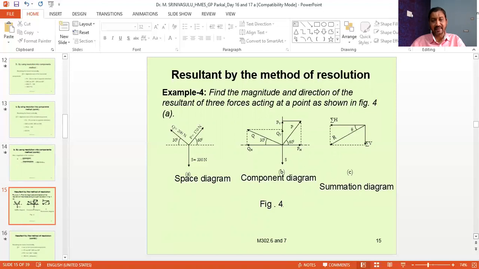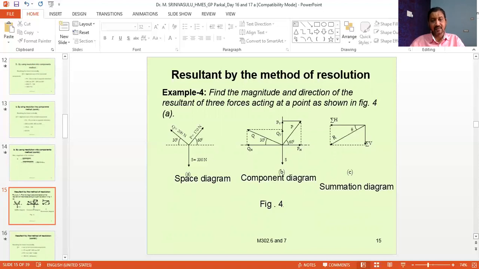The second force Q is equal to 200 newtons, acting leftward and making an angle of 30 degrees with the horizontal or x-axis.